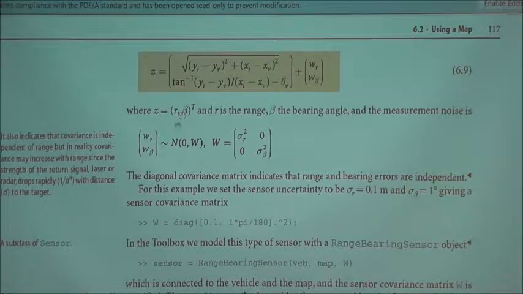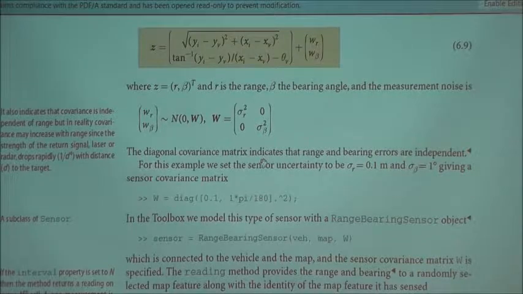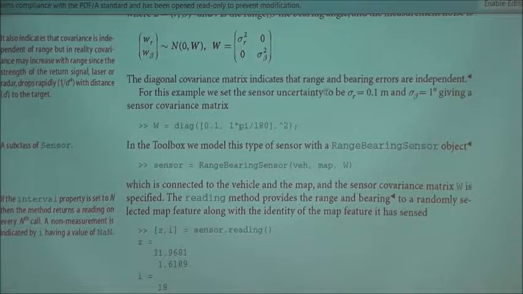So Z is the vector of R comma beta, where R is the range and beta is the bearing angle, and the measurement noise is given by this covariance matrix: the standard deviation of the range and the standard deviation of the bearing angle. For this example, again, we use sigma R 0.1, sigma beta is 1 degree.